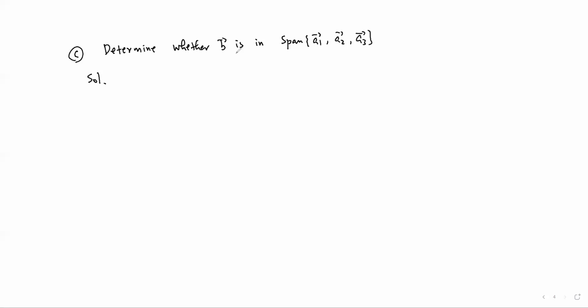Whether vector B is in this set means whether B is a linear combination of A1, A2, and A3, because this set is the set of all linear combinations of A1, A2, A3.